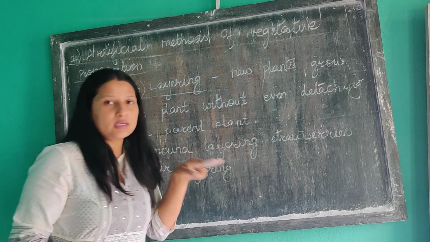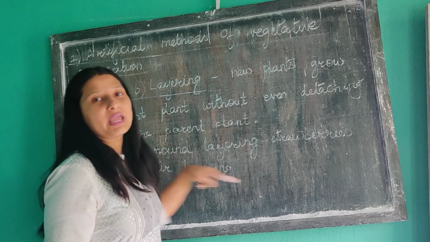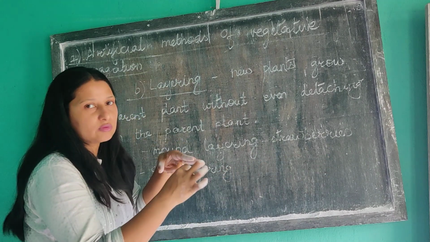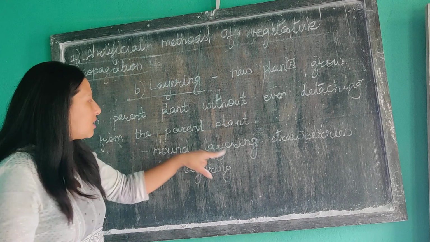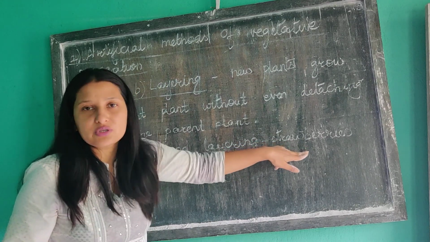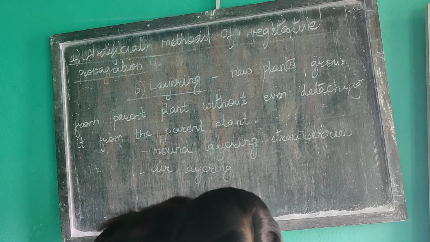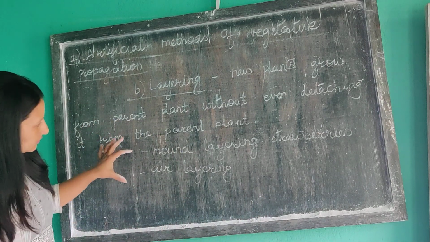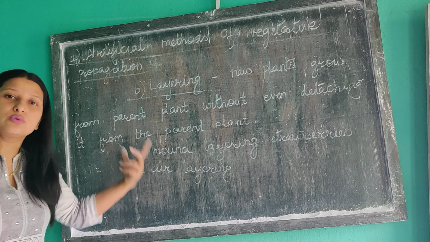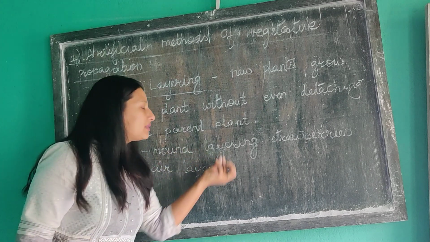But in case of strawberries, since the stem is subaerial, it is already touching the ground. So roots grow from there by themselves. So mound layering happens naturally in strawberries. Air layering and mound layering, we can also do artificially. Okay, so these two methods are adopted.